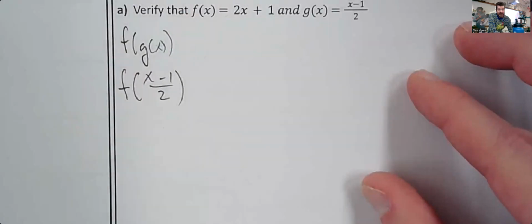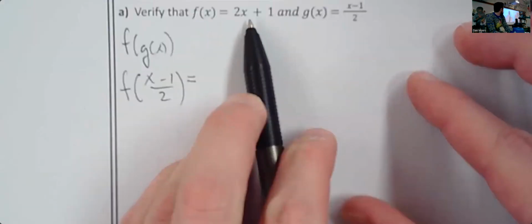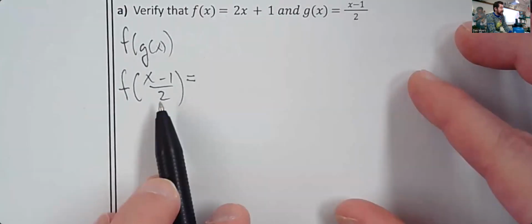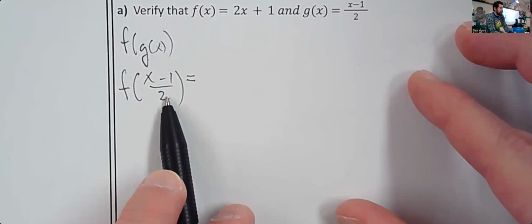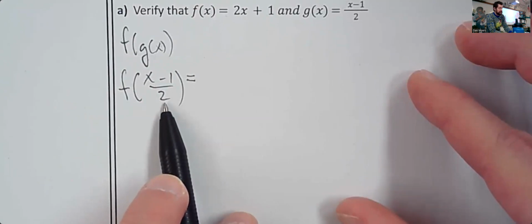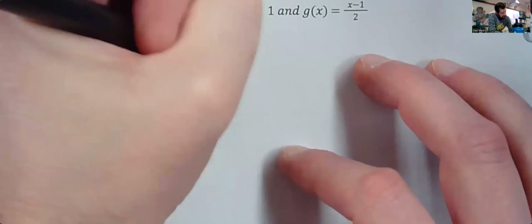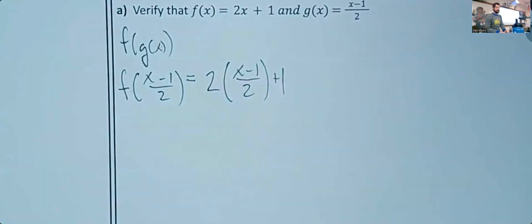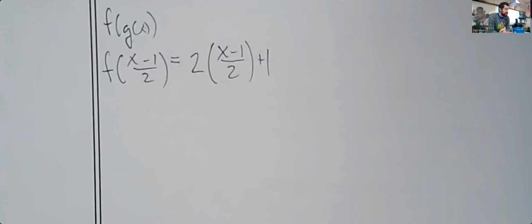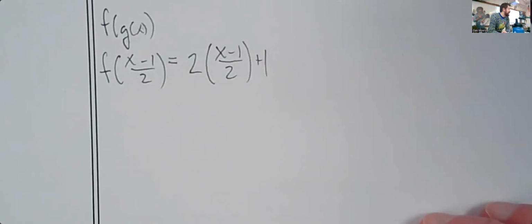And so what that means is we're going to rewrite the f of x function, but every time we see x, we're going to replace it with x minus 1 over 2. So we're going to say 2, parentheses, x minus 1 over 2, plus 1. So we're taking the entire function of g and plugging it in for x in f of x. Any questions about that before we continue?